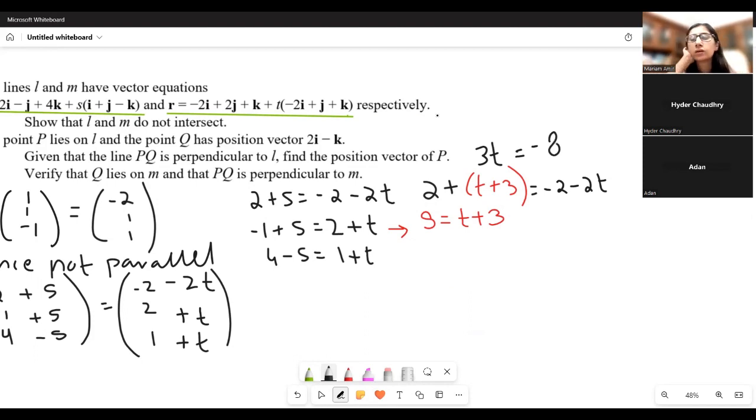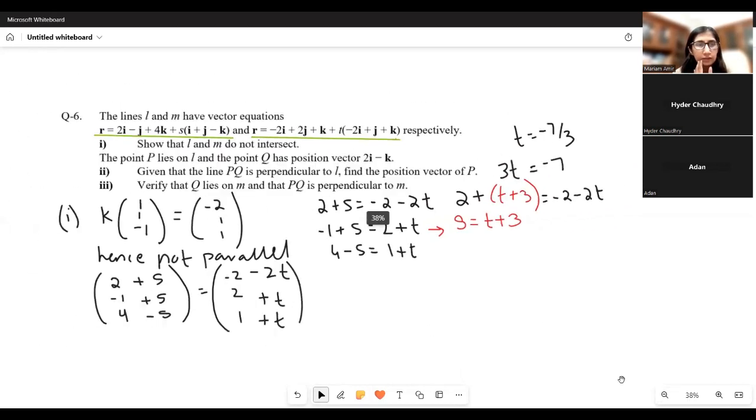That's a weird answer. So t equals minus 7 over 3. I have a strong feeling something has gone wrong somewhere.